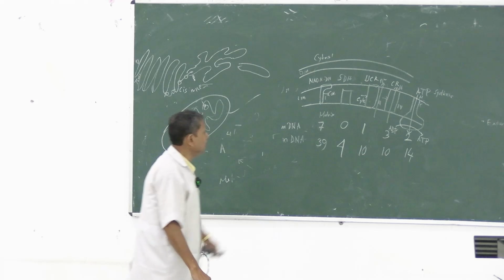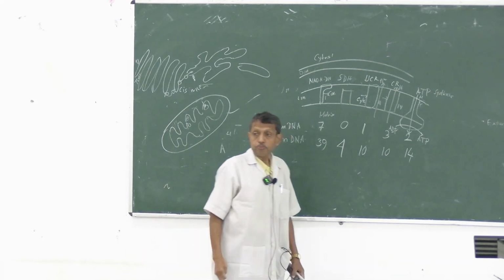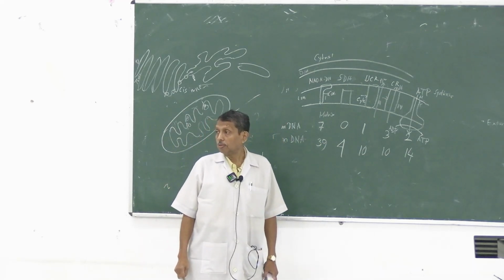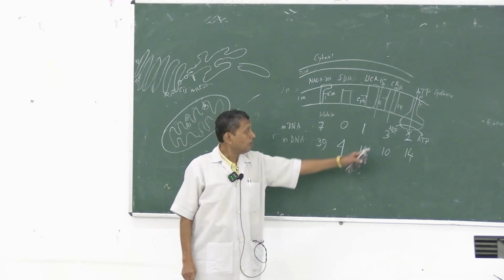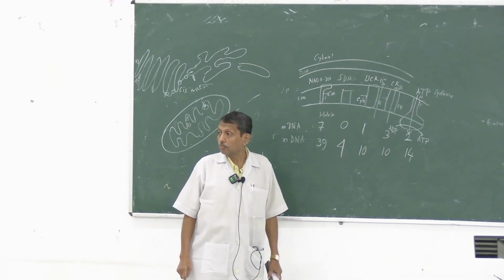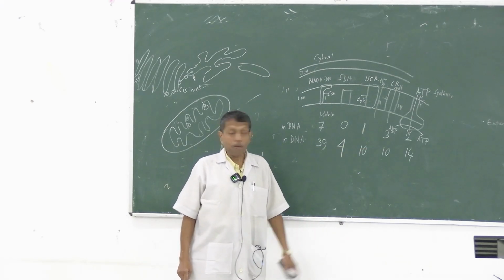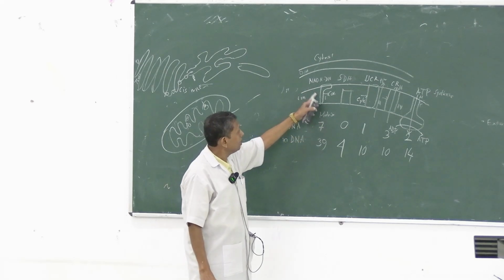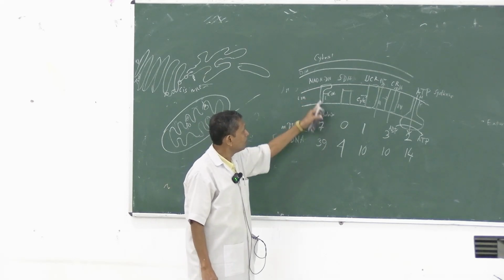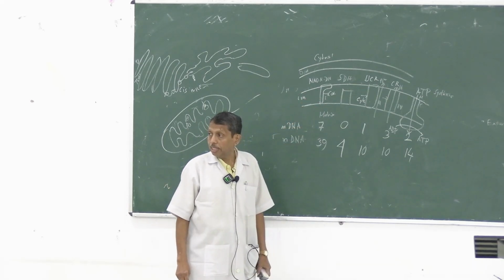And now in this way energy is produced. From ADP, ATP is produced. In the biochemistry text you will find even the number of these hydrogen ions by each unit.